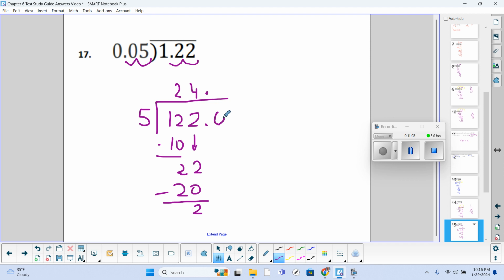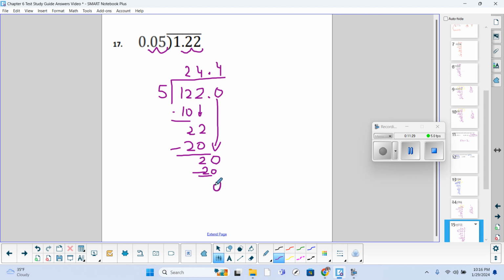Sorry once again about my handwriting. I'm using my mouse today and not the stylus because I left it at work. Bring down the 0. How many times does 5 go into 20? The answer is 4. 4 times 5 is 20. I have no more remainder. I'll extend the page a little bit. I have no more remainder, so the answer to this problem, 17, is 24.4.